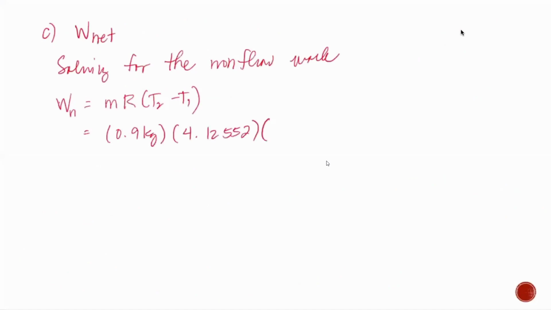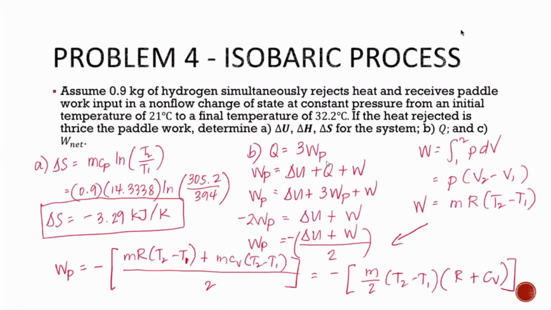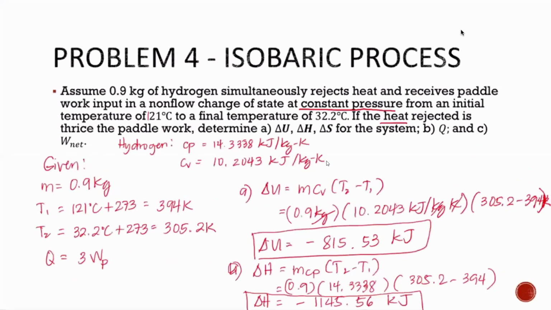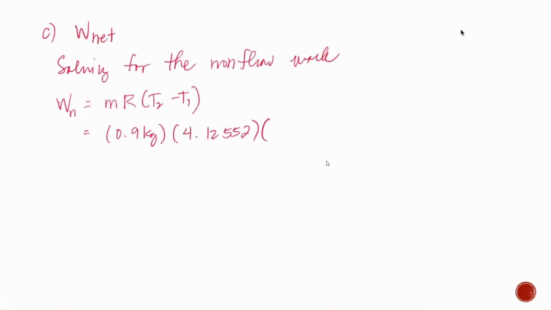Okay, ano yung value ng T2? Saan ang T2 na ginamit natin sa given? 305.2 and 394. Okay, what is the value of the non-flow work of the system?